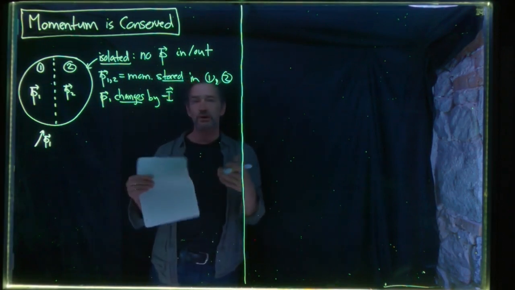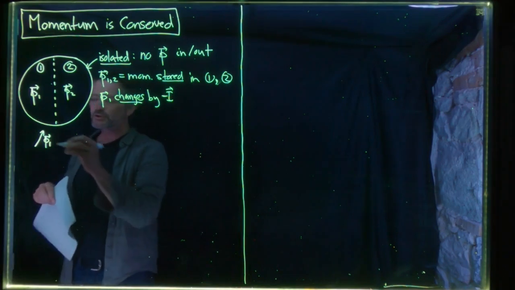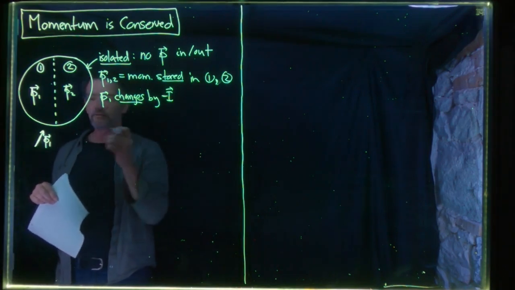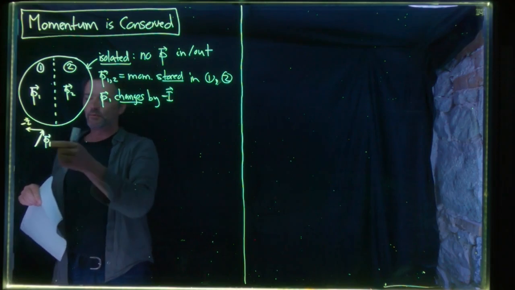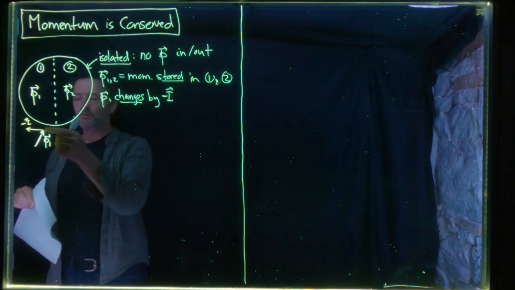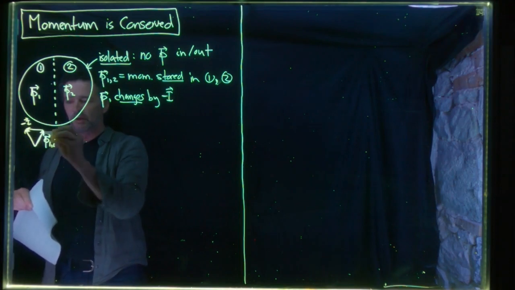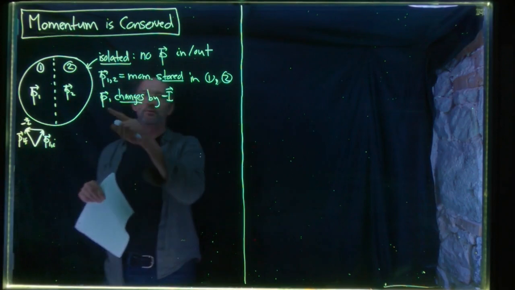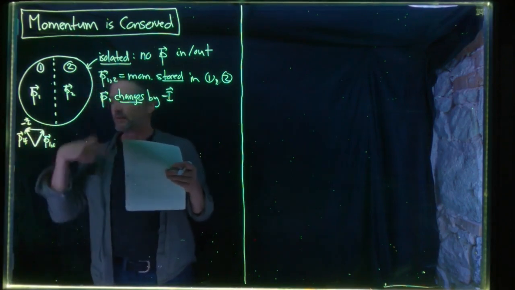So P1 changes by minus I. Okay, so that means that you start with P1 and you add to that vector negative I. Let's just suppose this is negative I. That means P1 changes from P1 to P1 plus negative I. And so maybe this is P1 initial, then this would be P1 final. So P1 changes by minus I means it changes from this vector to that vector, and the change is the vector minus I.